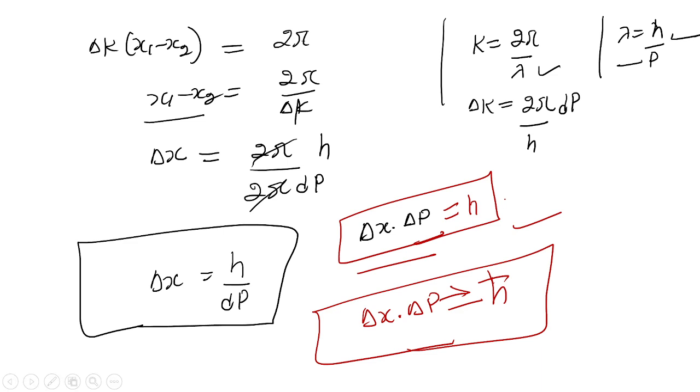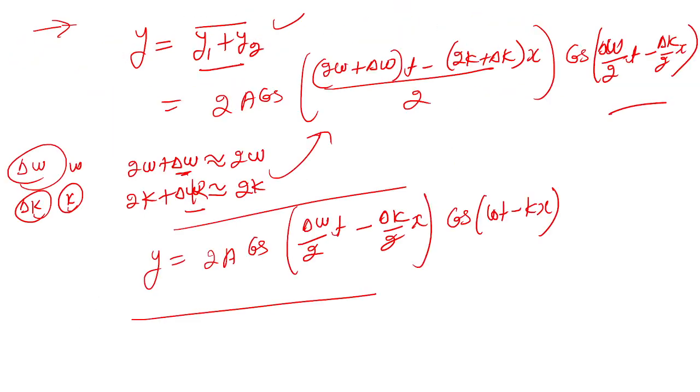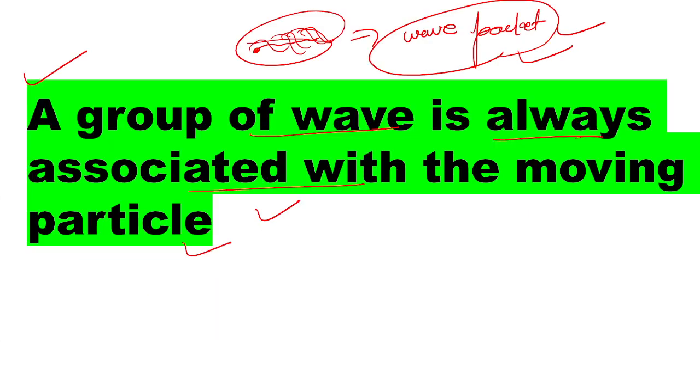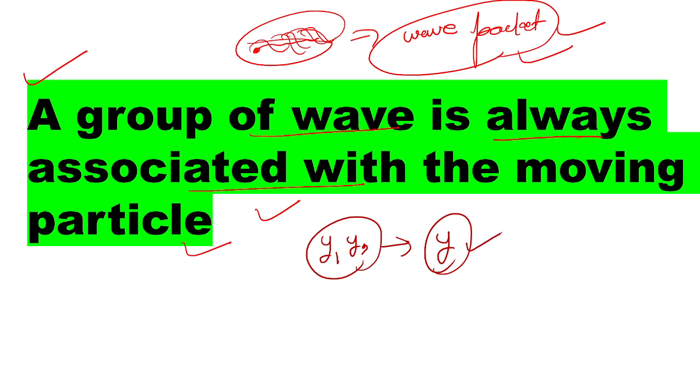This is a very simple and very important concept of quantum mechanics. Let me explain what we did. First of all, we used two waves, y1 and y2. We combined these waves and got a final wave y. Taking the amplitude of this wave as 0 gives the formation of a node.